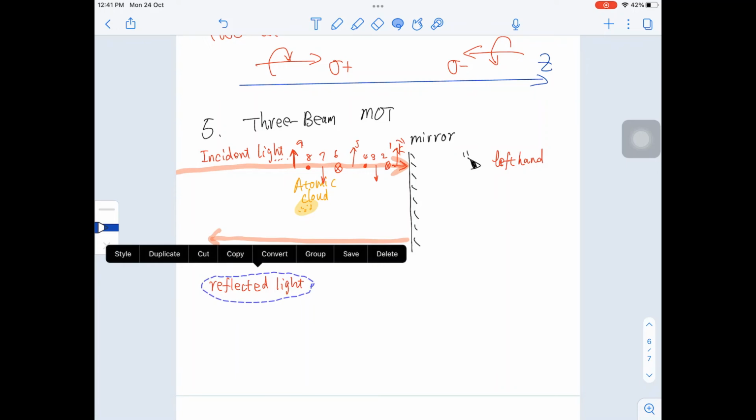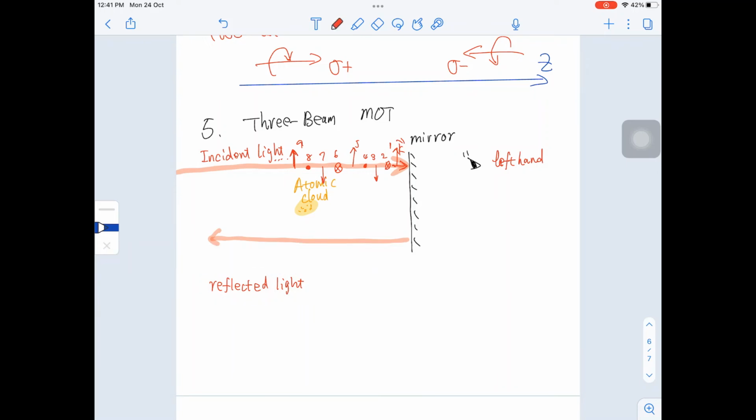Count 1, and 2 will be pointing into the paper. 3, 4, 5, 6, 7, 8, 9, and so on.